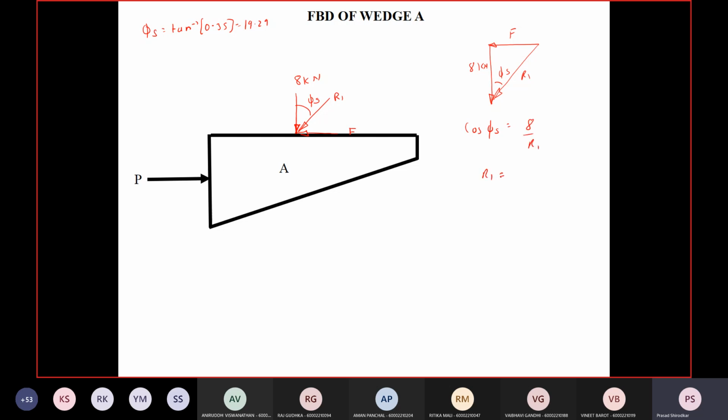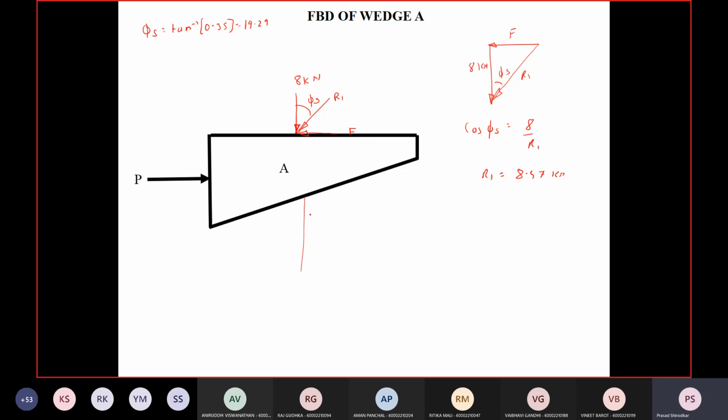So find out R1. Yes, how much is R1? 8.47 kilonewtons.